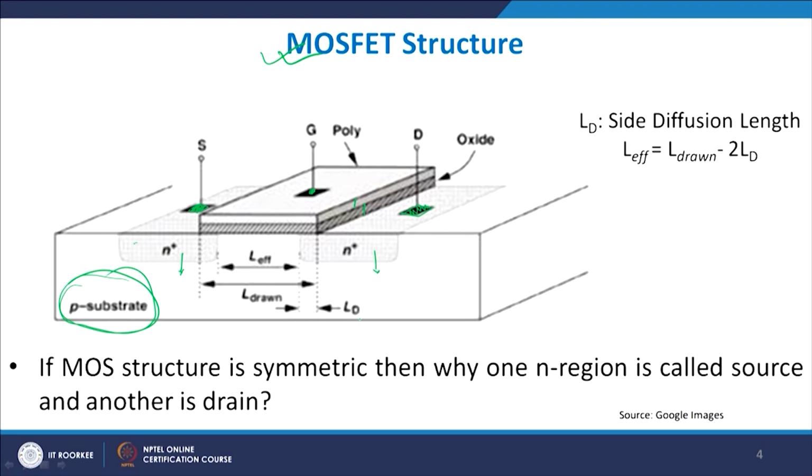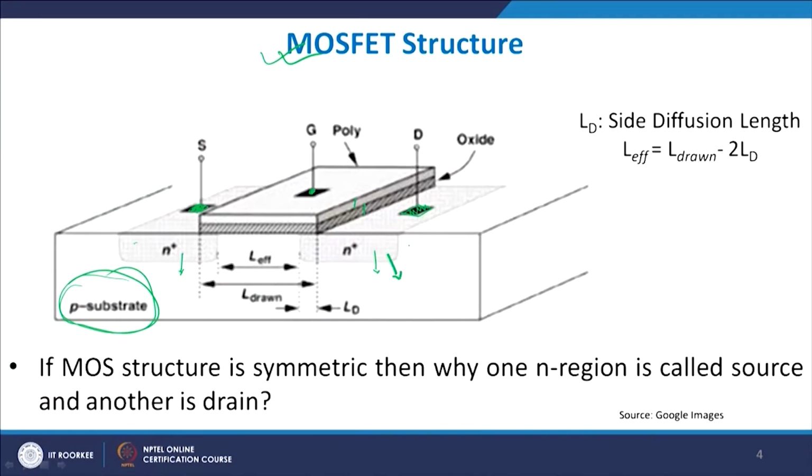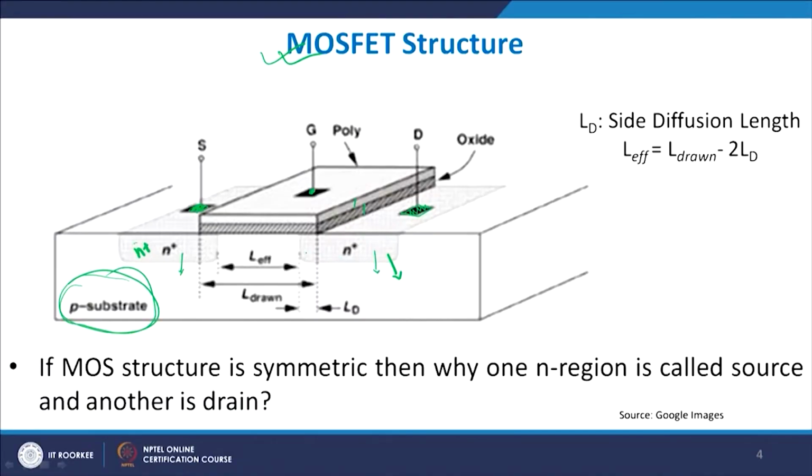Now generally what happens is that whenever you put n plus regions, for example here as well as here, because of temperature variations, large density potential gradient, and large gradient of the charge carriers, some of these n plus regions will shift laterally.